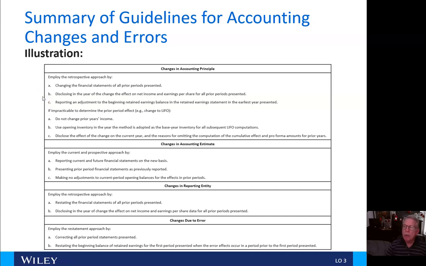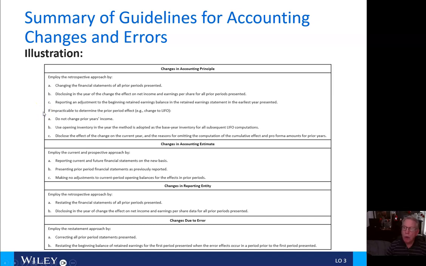Bravo, disclosing in the year of the change the effect on net income and earnings per share for all prior periods presented. Charlie, reporting an adjustment to the beginning retained earnings balance in the retained earnings statement in the earliest year presented.